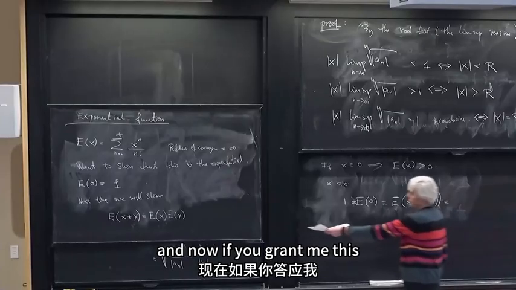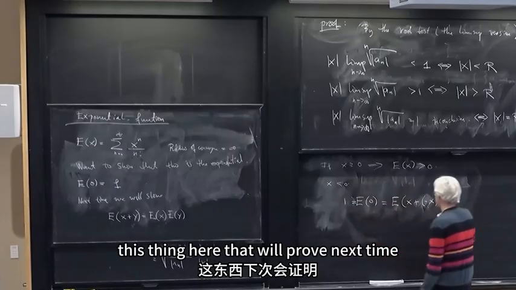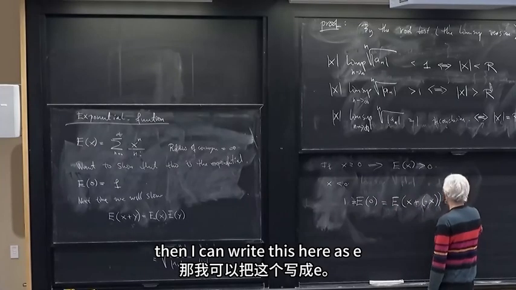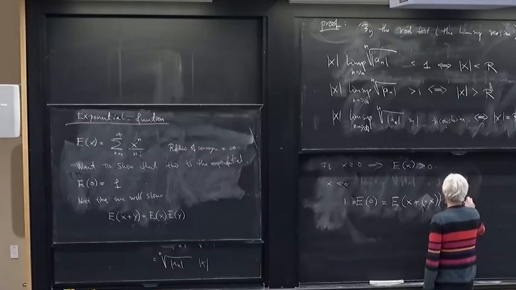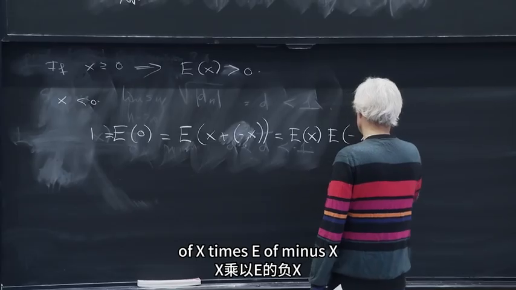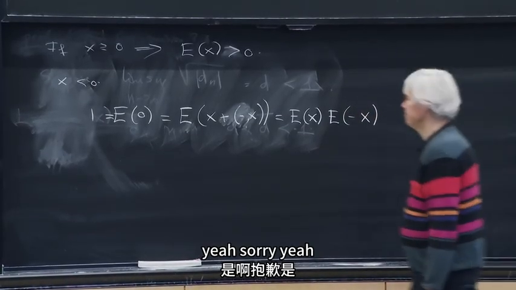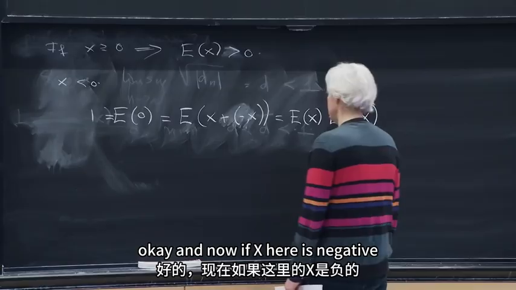And now if you grant me this thing here that we'll prove next time, then I can write this here as E of x times E of minus x, right? Okay.